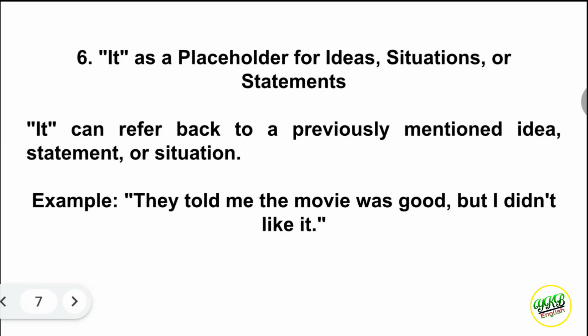The next use is "it" as a placeholder for ideas, situations or statements.